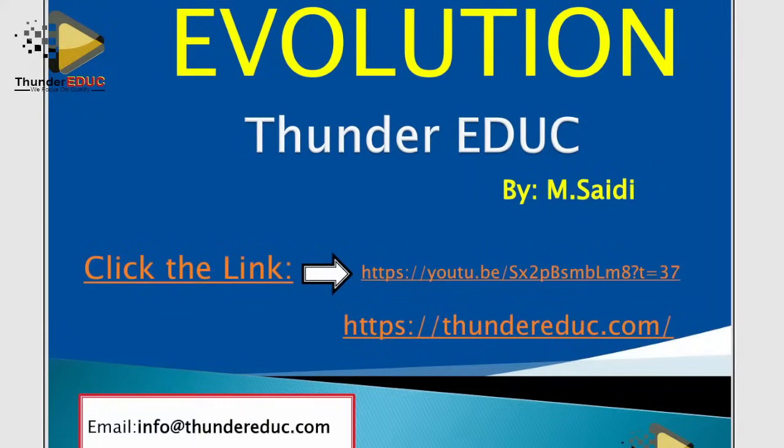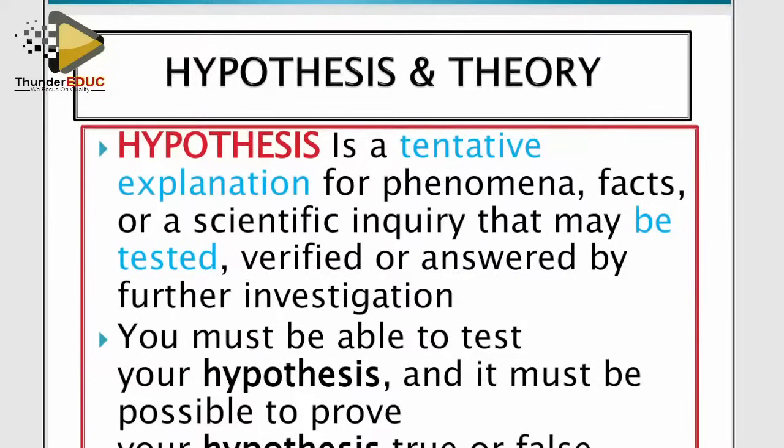We are winning. So, evolution here, you need to know what is called a hypothesis. You need to know what is called a theory. A hypothesis is just a tentative statement which can be proven correct or wrong. It must be tested.